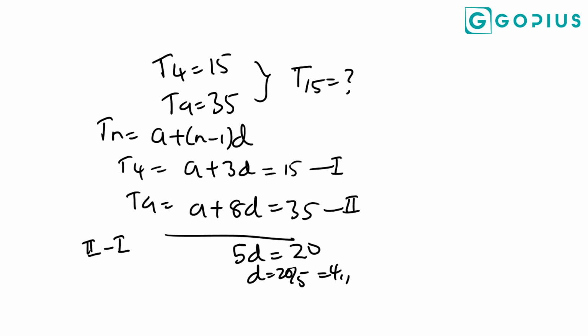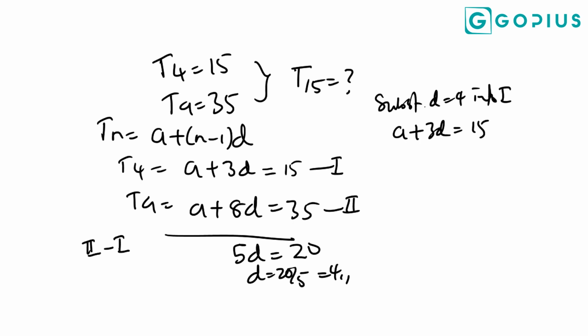Since we're solving a pair of simultaneous equations here with two unknowns, a and d, now that we've gotten d as 4, we need to substitute it into either equation 1 or equation 2 to find the value of the other unknown, which is a. So we substitute d equals 4 into equation 1. Equation 1 was a plus 3d is equal to 15.